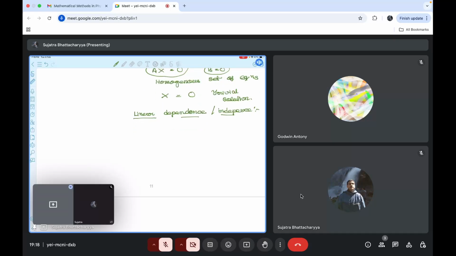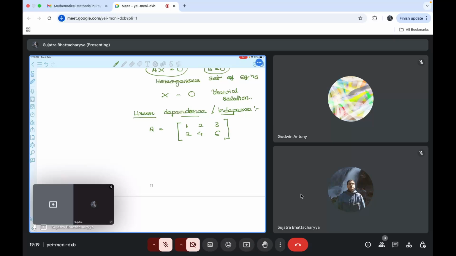Fine. So for linear dependence and independence, let us just assume a matrix, say 1, 2, 3, and 2, 4, 6. You can clearly see, as I have given the example, it is dependent. You can also write some 3, 6, 9, or something like that.